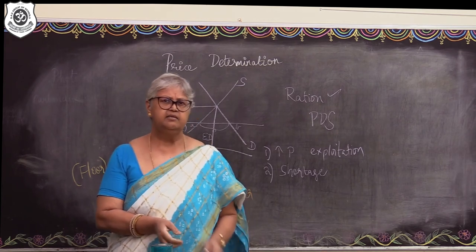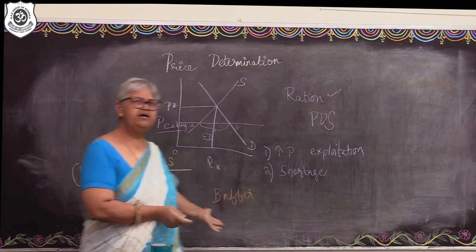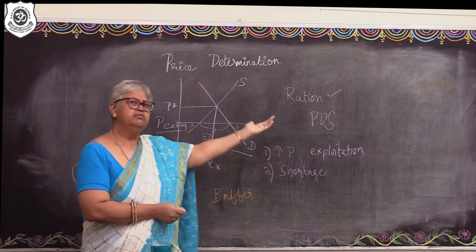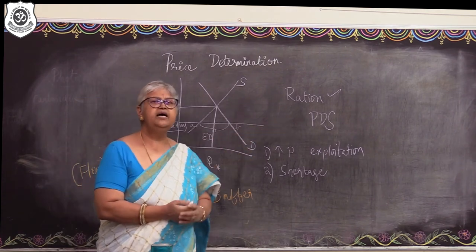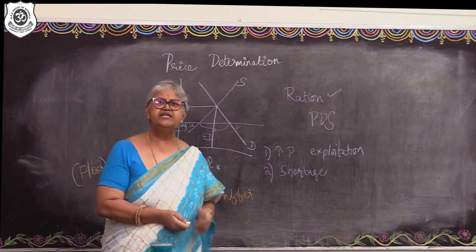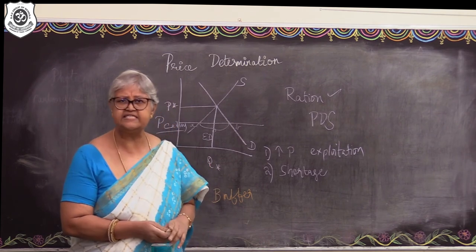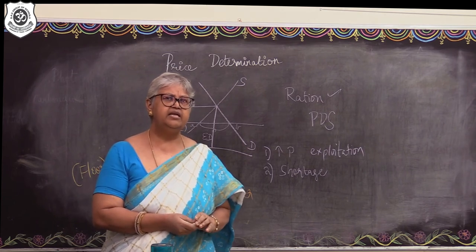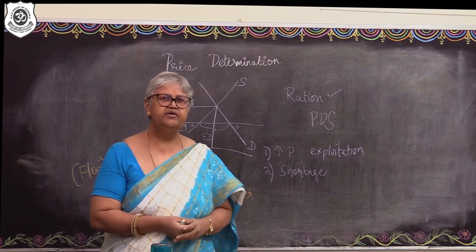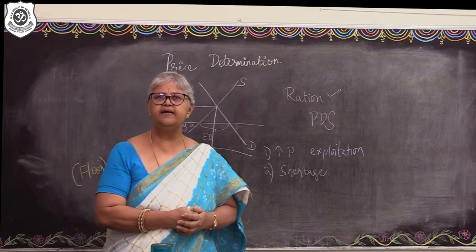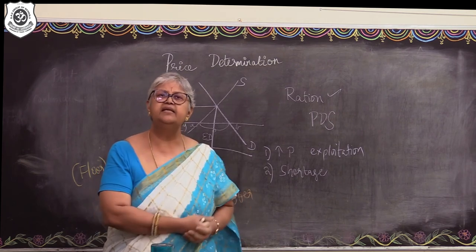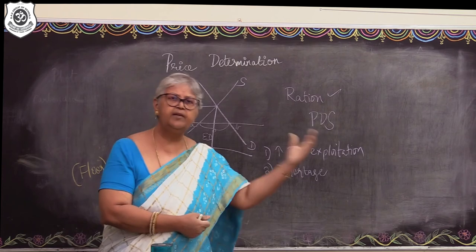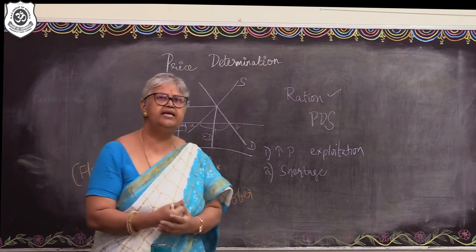And it is from this buffer that the procurement will be sent to the PDS. Also, the buffer is maintained for contingencies, right? Buffer is maintained for contingencies when the supply is not enough, when a supply shortage is going to be there, then to provide the basic necessities to the population, the government will take out of the buffer and provide it.